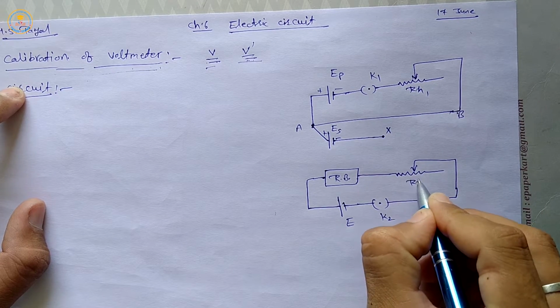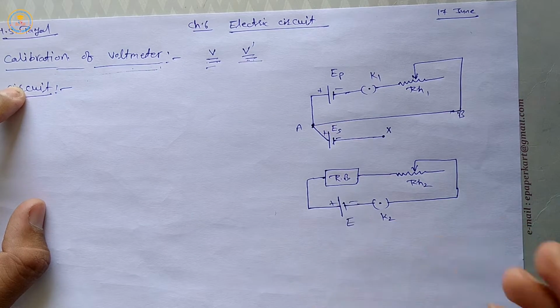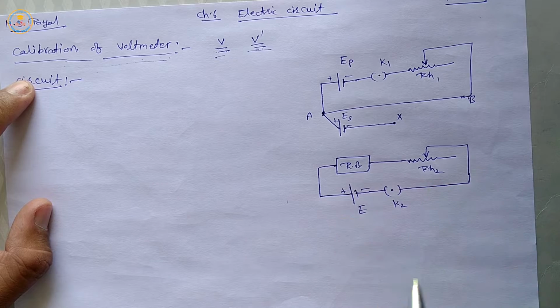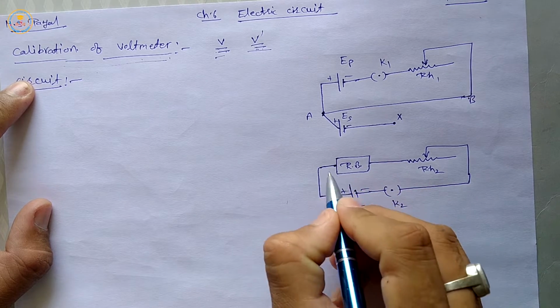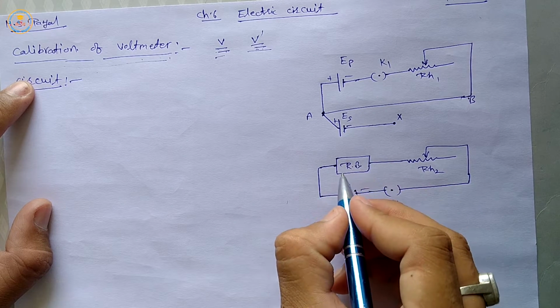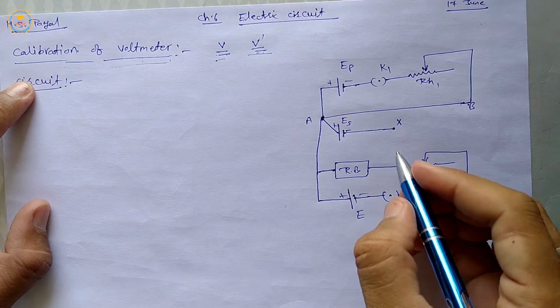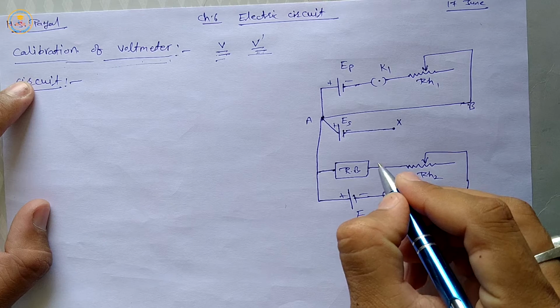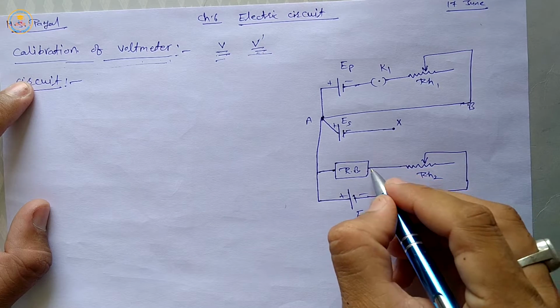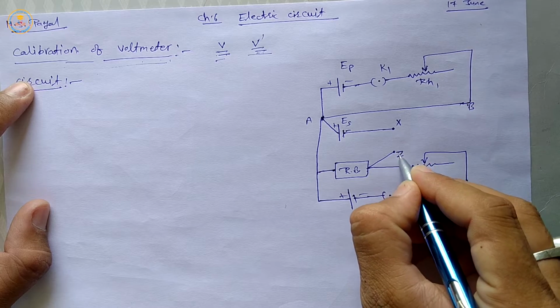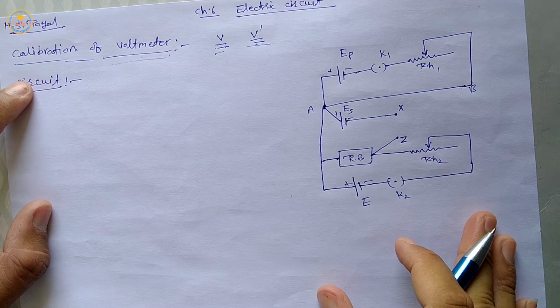This is another circuit of a resistance box, a rheostat, a cell, and a key. Now, higher potential end of this resistance box is connected to point A, and lower potential end of this resistance box is connected to Z terminal of a two-way key.